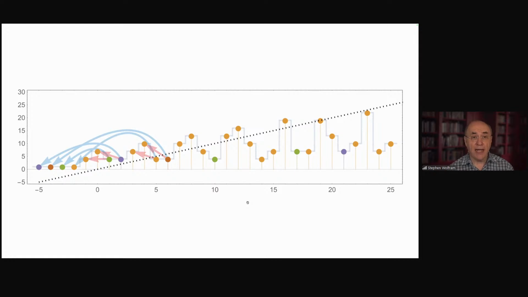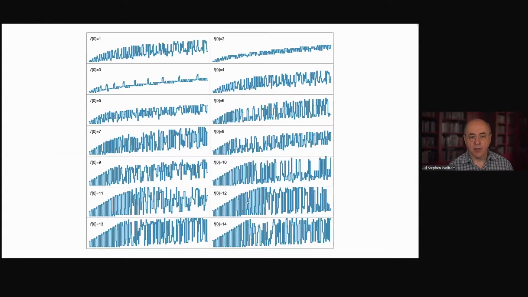So does any P312 recursion always have the same lookback? So far, we've considered specifically the initial condition f of n equals 1 for all n less than or equal to 0. But what if we change the value of f of 0? Here are some plots for different cases, changing the value of f of 0 and f of negative values.